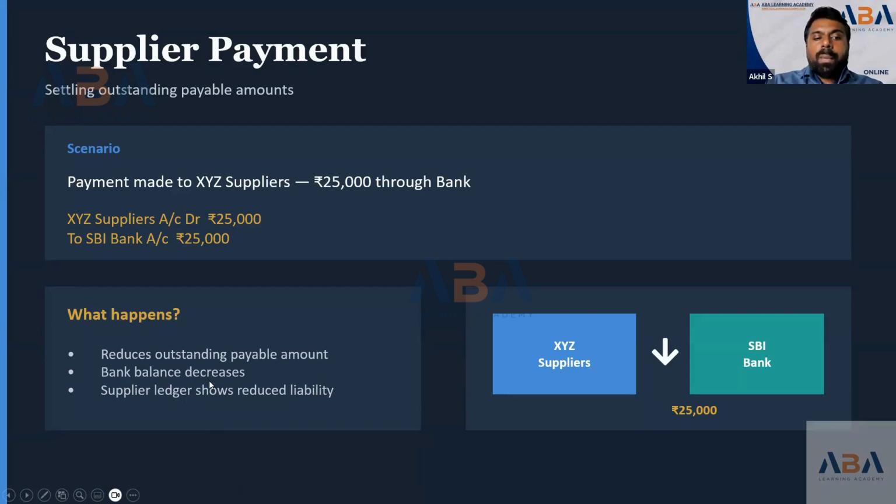Our bank balance decreases, since we made a payment to our supplier, and the supplier ledger will show reduced liability. Earlier we had to pay 50,000. Now since we made 25,000, we only need to pay the balance 25,000. All those things will be shown here. So that is the meaning of this particular transaction.